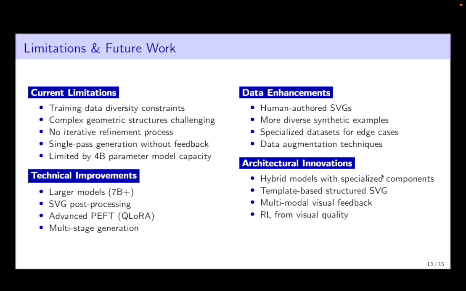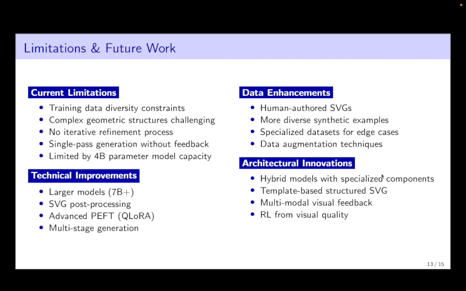While we achieved good results, it's important to acknowledge the limitations and the potential areas for future improvement. Our model's performance is inherently tied to the diversity of the synthetic training data. Generating highly complex or novel geometric structures remains challenging, and the process is a single pass without refinement.